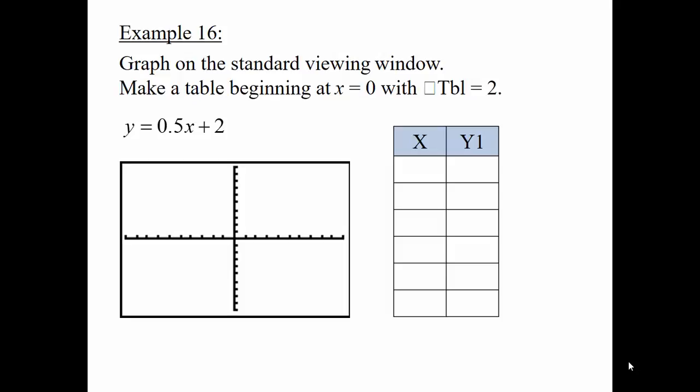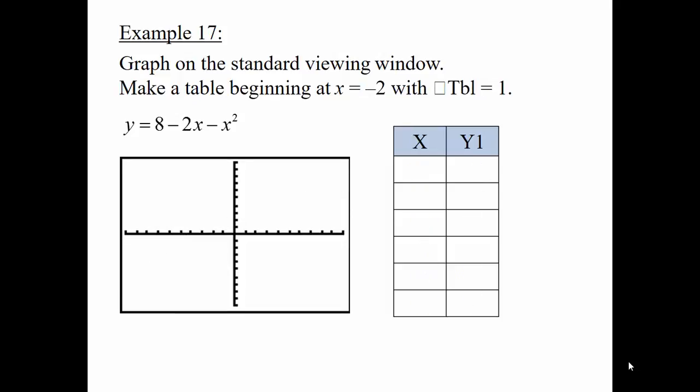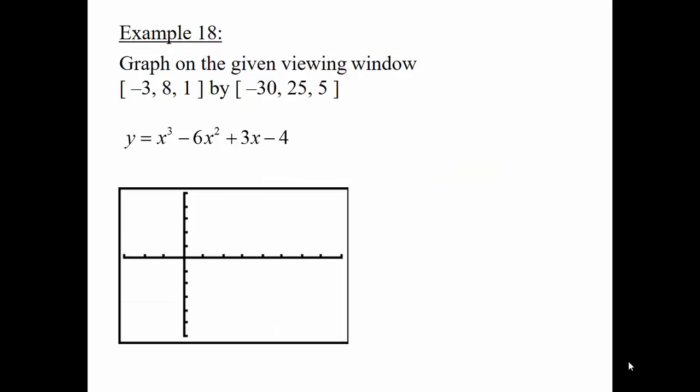I'm not going to go through this. I think you know how to do it. But if you want to try to work through it, you just follow the directions and look at what your graph is doing for you. Just follow these instructions, and you can look at your table to get these numbers. This tells you how to change the viewing window.